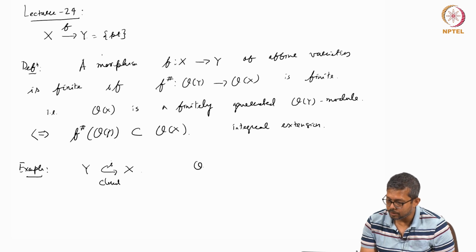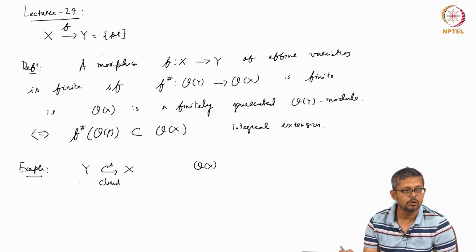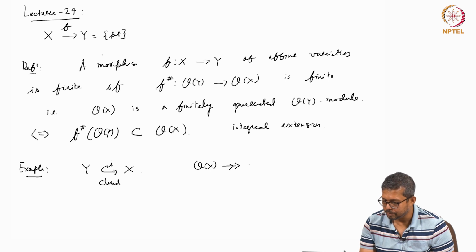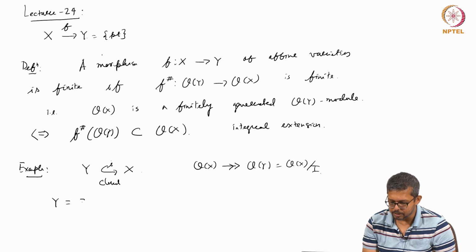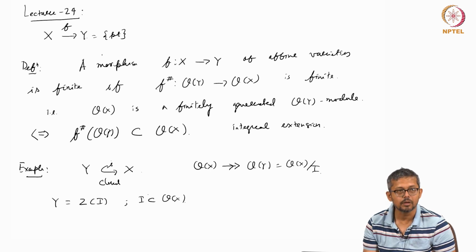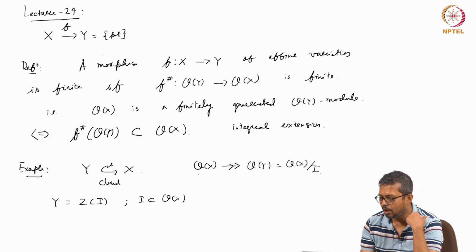If it is a closed immersion, it corresponds to a surjective map O_X to O_Y, where O_Y will be O_X mod I. Any closed subset is the zero set V(I) of some ideal I in O_X, and the corresponding coordinate ring will be O_X mod I. Now, of course, this is a surjective map.